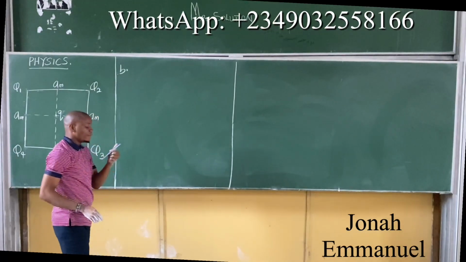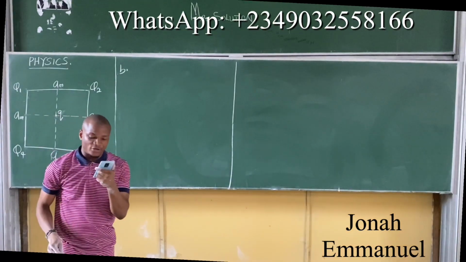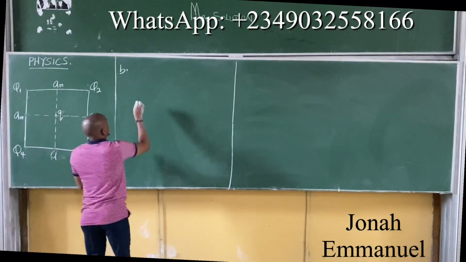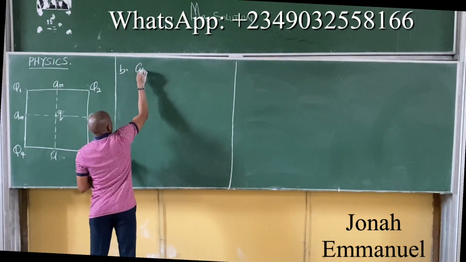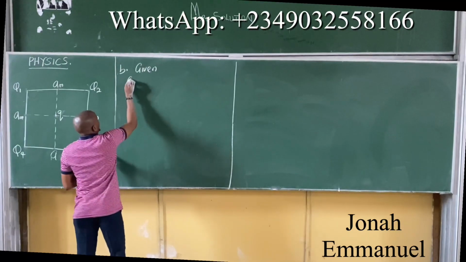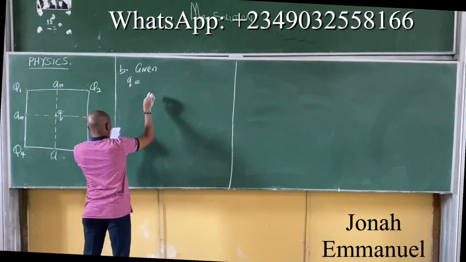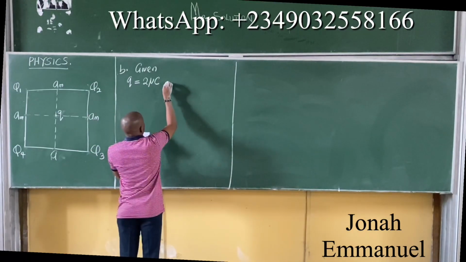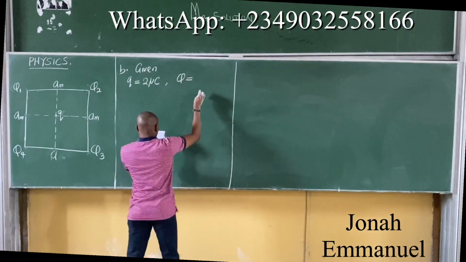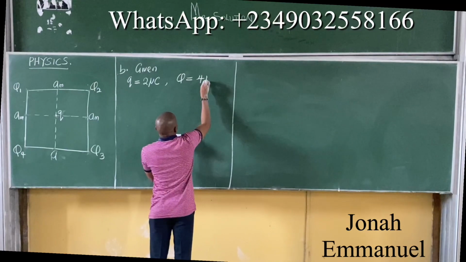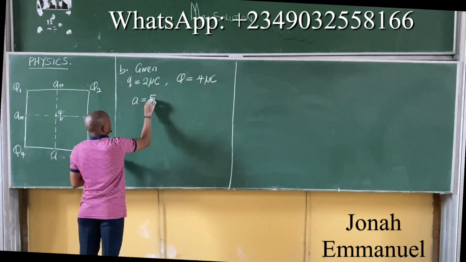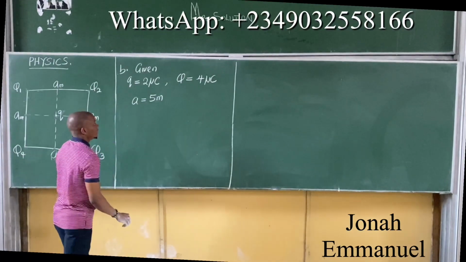B-part says find the numerical value of the net force FQR if q is equal to 2 microcoulomb and capital Q is equal to 4 microcoulomb and A is equal to 5 meters.